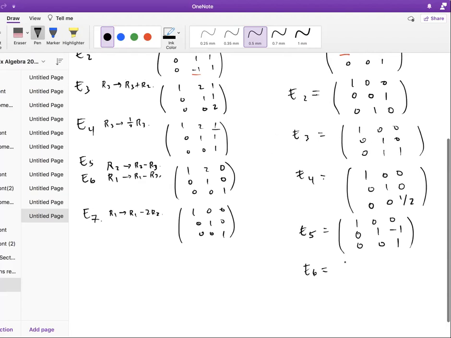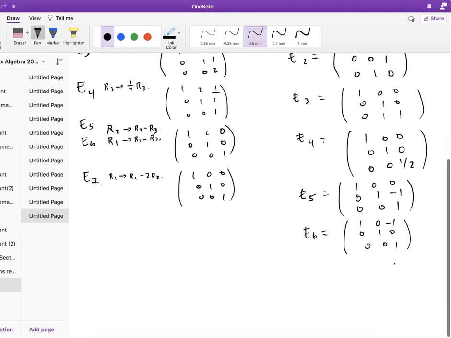E6 is, yep, 1, 0, -. And finally, let's do E7. So row 2 is not changing.